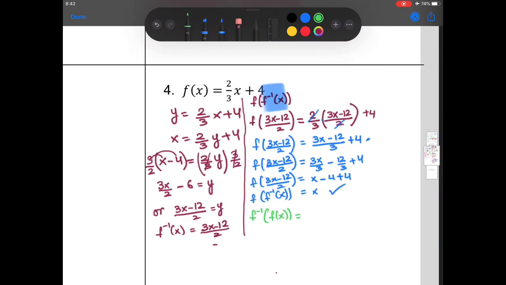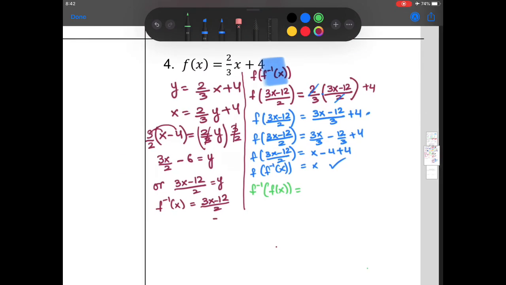So again, what is my f of x? I'm going to rewrite it here underneath. I'm going to substitute my f of x with its function. It's 2 over 3 x plus 4, right? And I'm going to go to my inverse function, and wherever I see x, I'm going to substitute x with this whole thing.